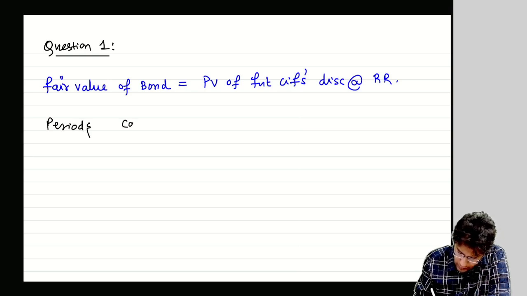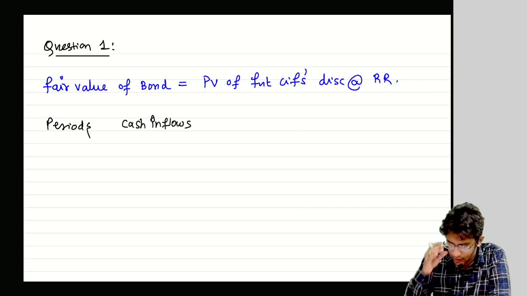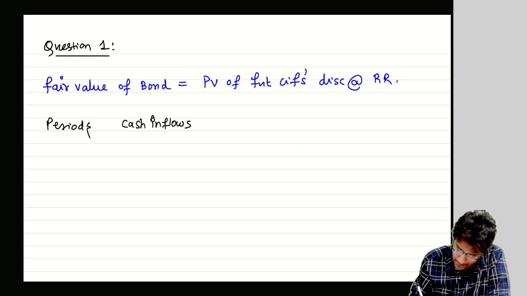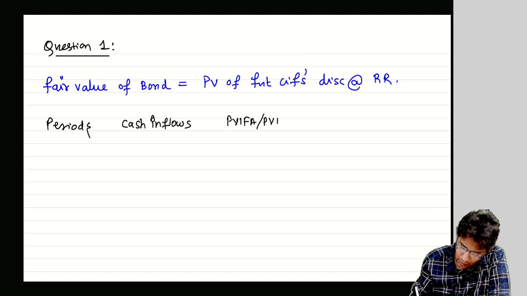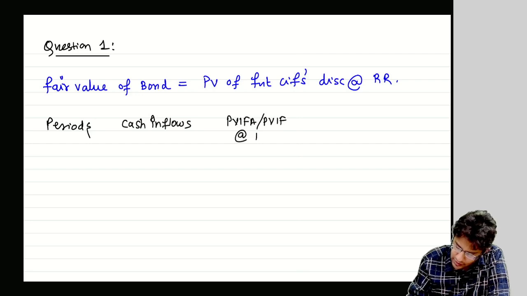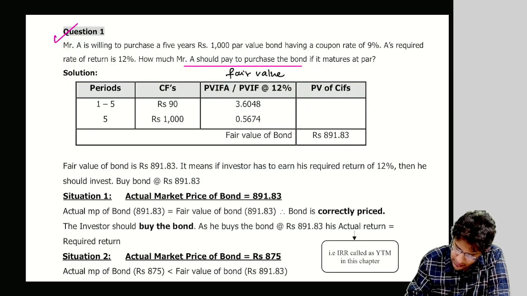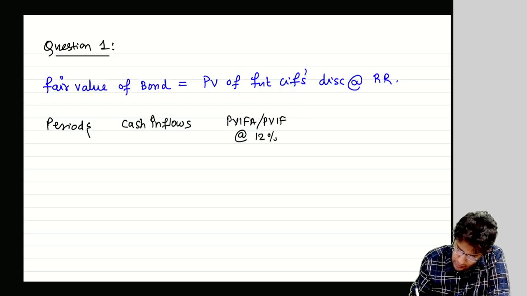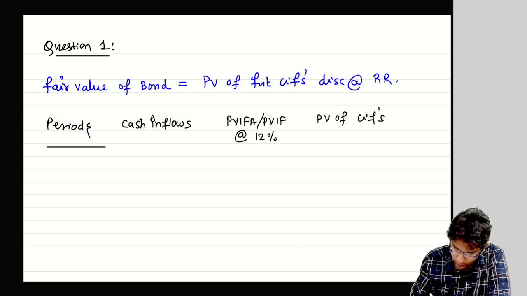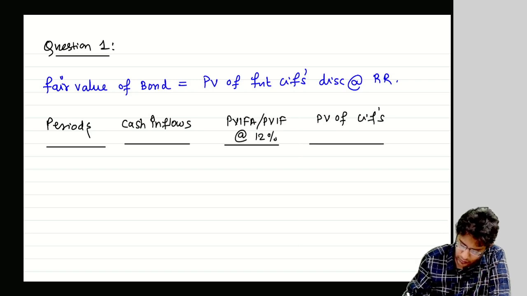Periods, cash inflows, PVIFA or PVIF at the rate of, what is this fellow's required return? 12%. PV of cash inflows. I am drawing a table for now. Once you get more comfortable, you can do it directly also.